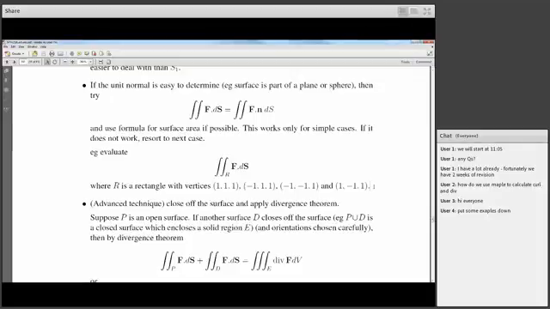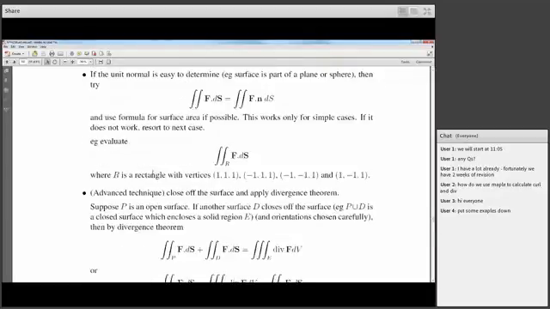I didn't mention the orientation, but as soon as you know that the rectangle is z equals 1, that means that the normal is going to be k or minus k, depending on the orientation, and that allows you to process the rest of the problem. So that's using the geometry. Some surfaces lead you to that.